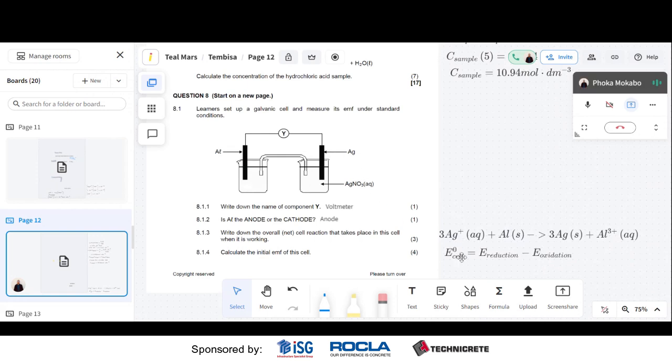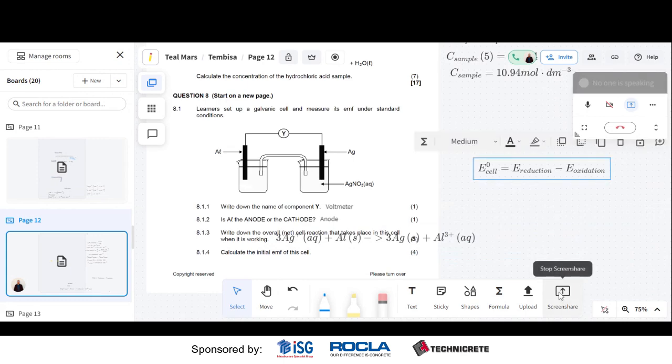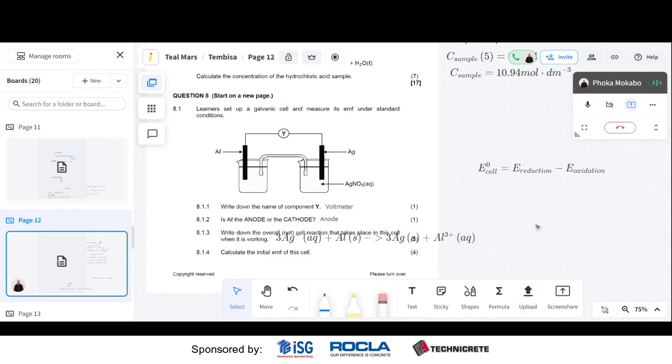Okay, now going back to this. Remember I said we're going to use it pretty soon. And this is where we now use it. Knowing that oxidation is for aluminium and reduction is for silver, all you need to do is take your table of standard electrode potentials, look each of them up, which I am about to do, and substitute in your values.